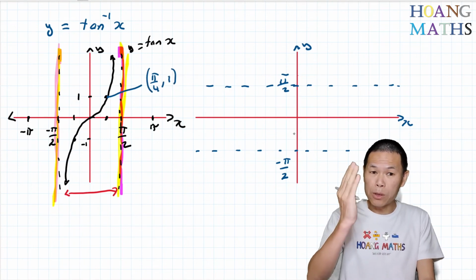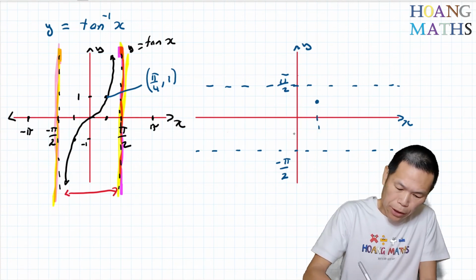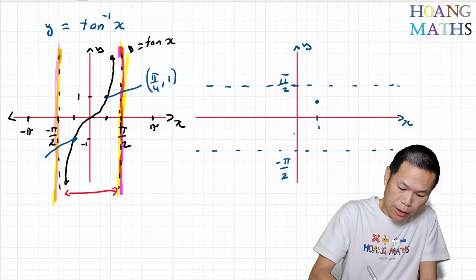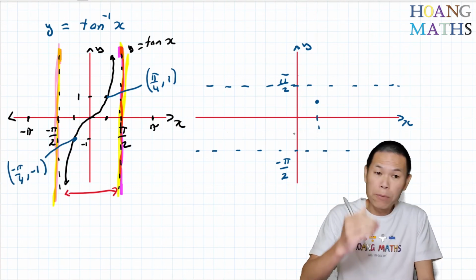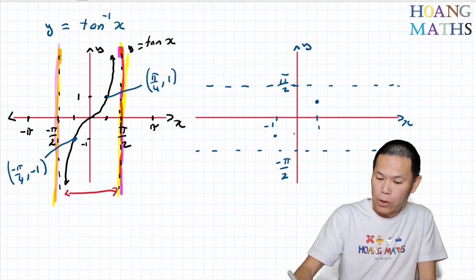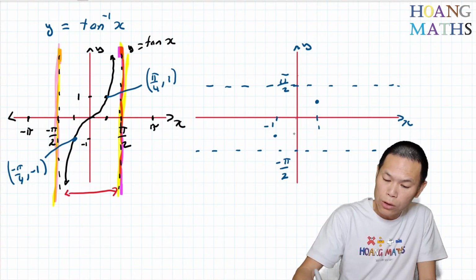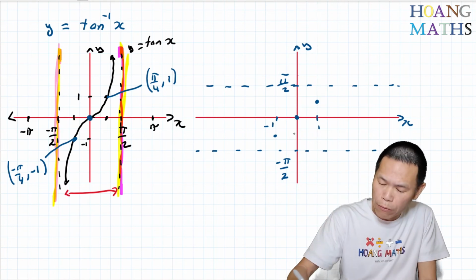So now this point here is (π/4, 1). Now it becomes (1, π/4). So this is 1 here, π/4 is halfway. And this point here is (−π/4, −1). Now it becomes (−1, −π/4). So −1 here and −π/4 is halfway between. So there you go. So now I just sketch it. (0, 0) is the same because switching around, it's still the same. Okay, keep that in mind for me.